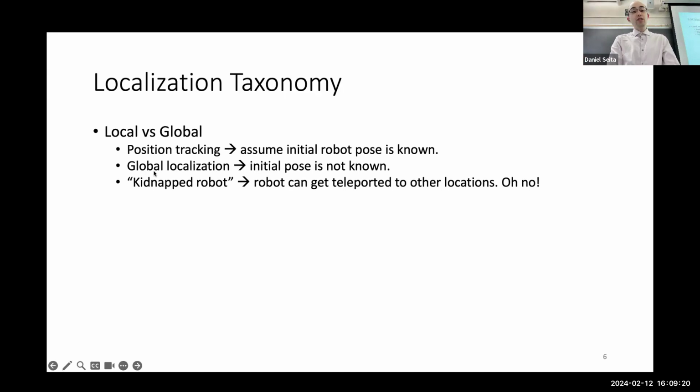And then there's another variant, called the kidnapped robot problem, where the robot can get teleported to different locations. It seems kind of obvious that global localization is harder than position tracking, right? Because you're assuming strictly less information.